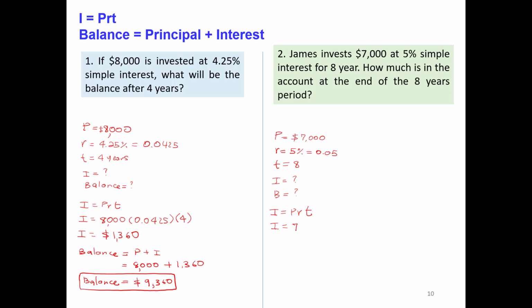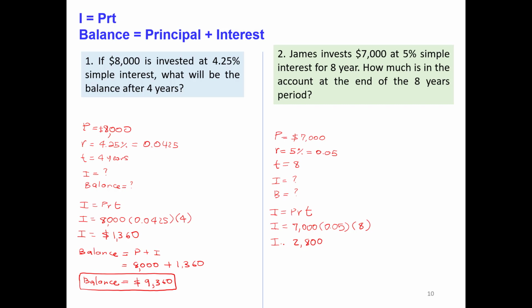The interest will be the principal, 7,000, multiplied by the rate multiplied by the time. If we multiply 7,000 times 0.05 times 8, we get 2,800. Then the interest is $2,800.